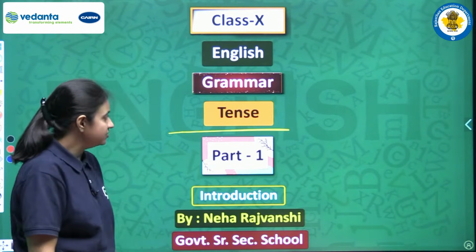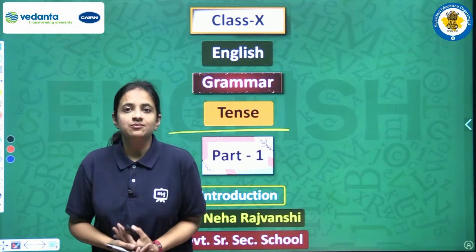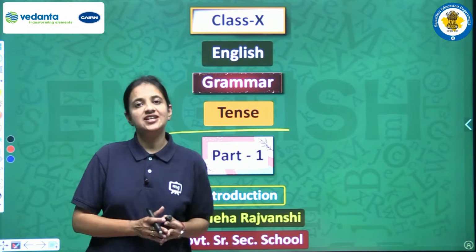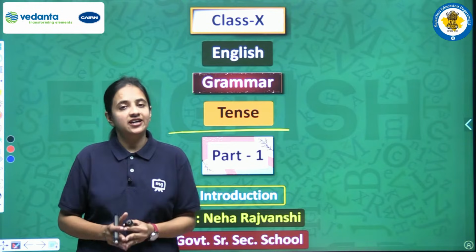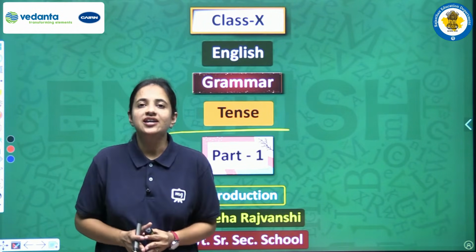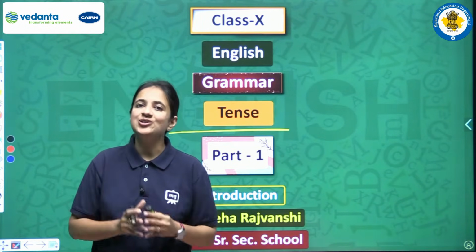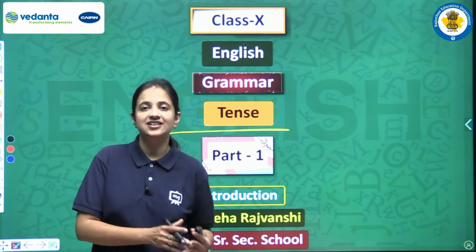So students, the first thing that I want to let you know is that in your exams you will have some questions that are based on the tense, and in those questions you are given some sentences, and then you have some verbs, and you have to use those verbs according to the tense that is there in the sentence.